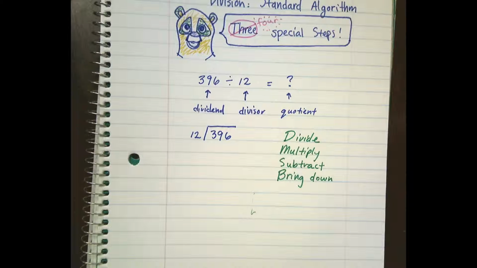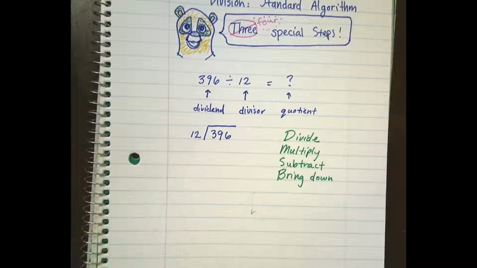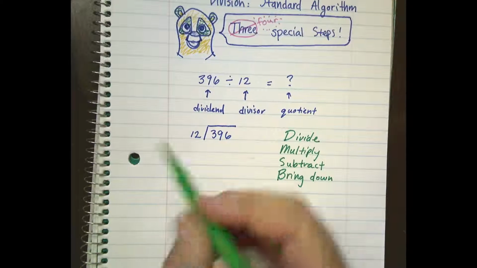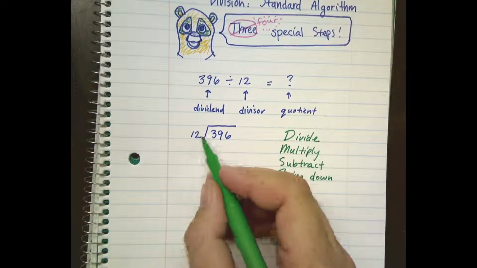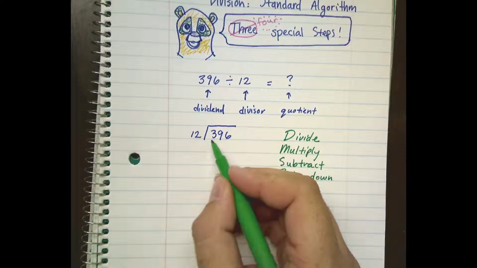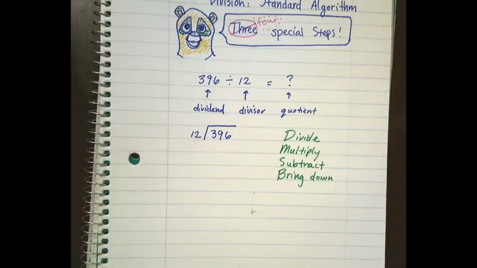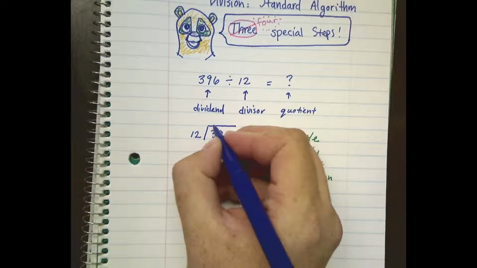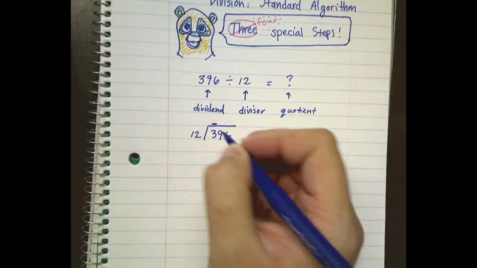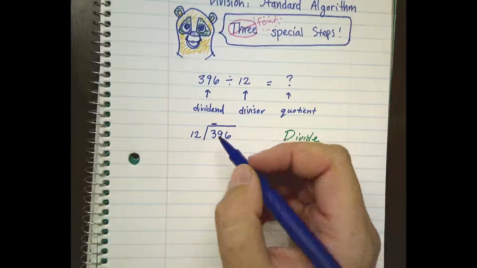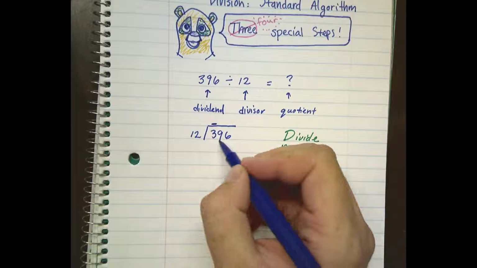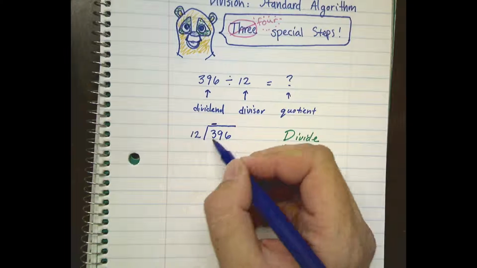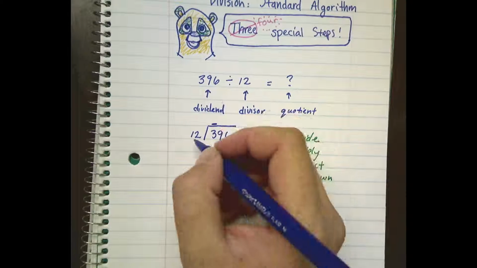So here's what we're going to do. We're going to divide first, and so we're going to look at the number 12 and our first number here, 3. Does 12 go into 3? Well, no, it doesn't. So I'm going to leave this spot right above the 3 blank. The next place over is 39. Well, 12 can go into 39, but how many times?